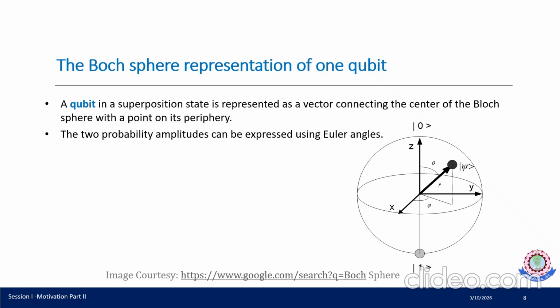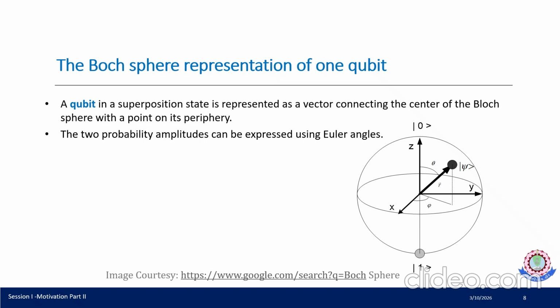Next, this figure depicts the Bloch sphere. It is a representation of one qubit. A qubit in a superposition state is represented as a vector connecting the center of the Bloch sphere with a point on its periphery.